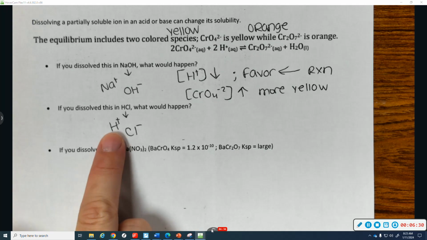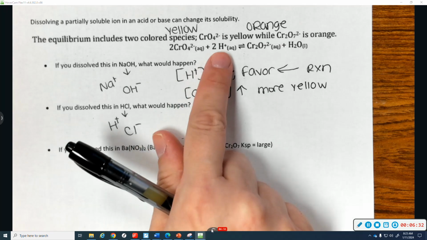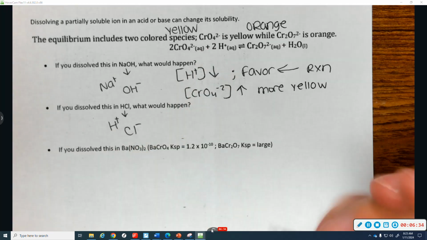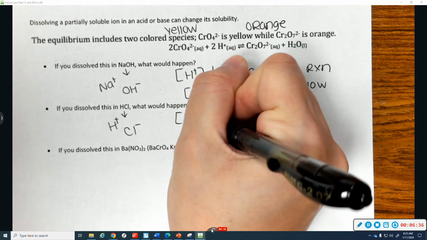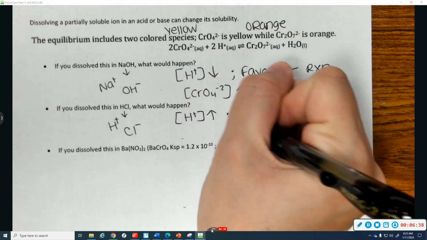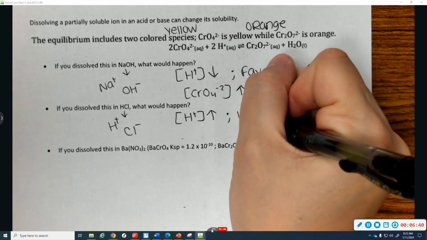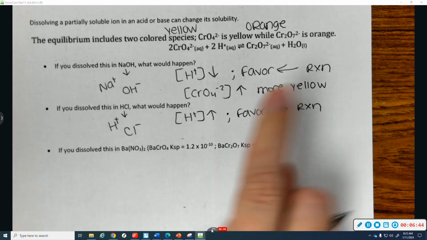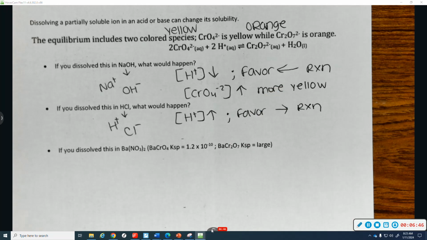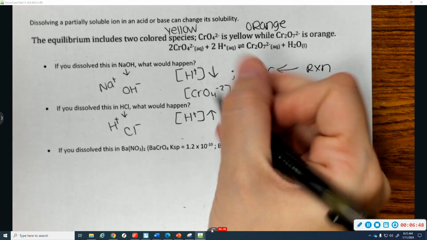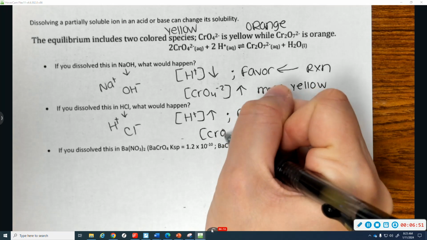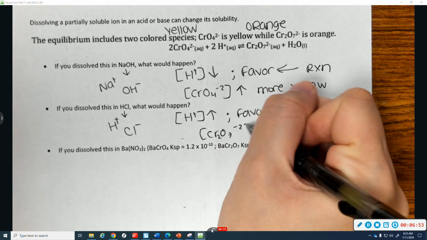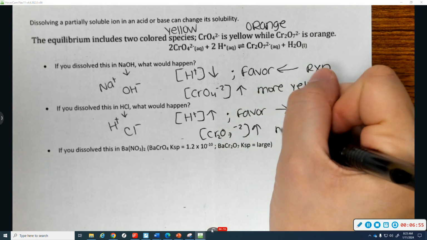But you have added hydrogen ions. So you've added a reactant, which means the concentration of hydrogen ions has gone up. If you increase a reactant, it's going to favor the forward reaction. If the forward reaction becomes favored, we're going to make more dichromate. So dichromate will go up, making this more orange.